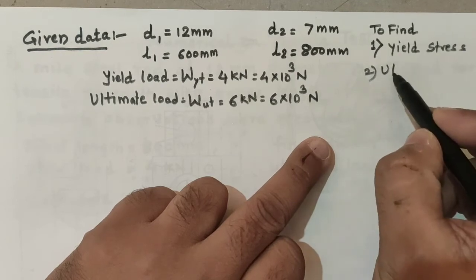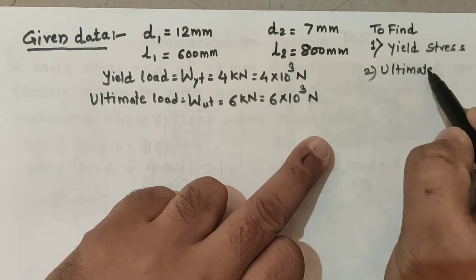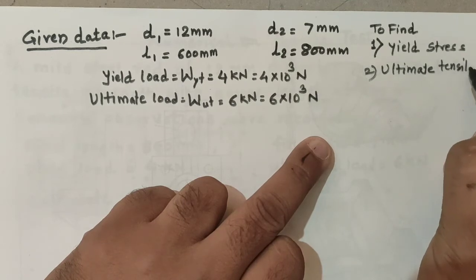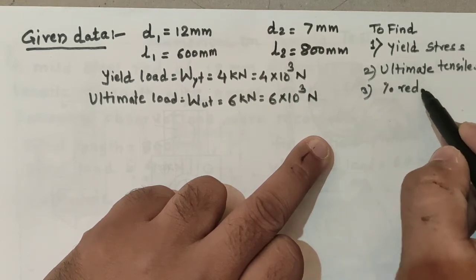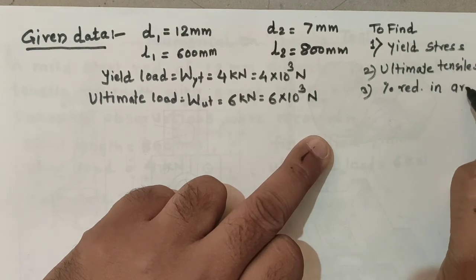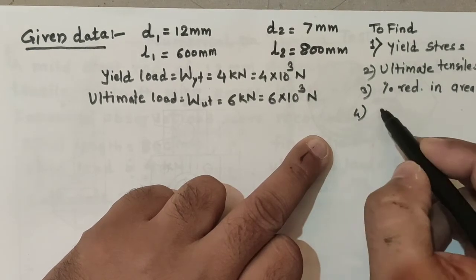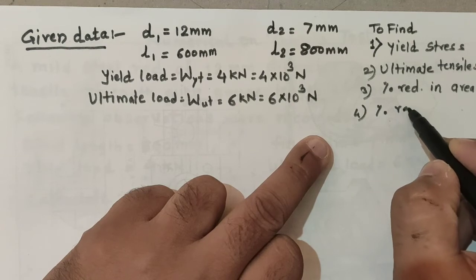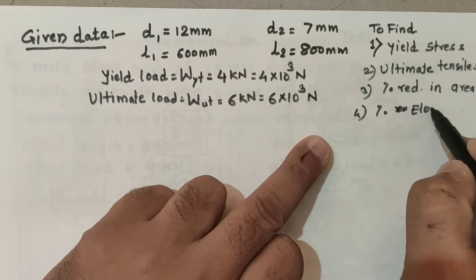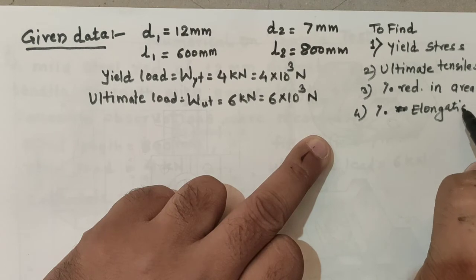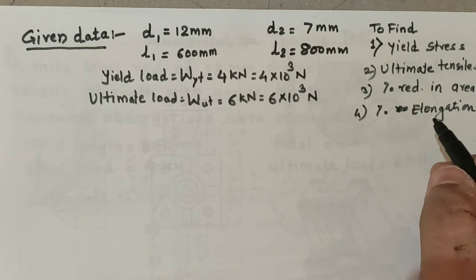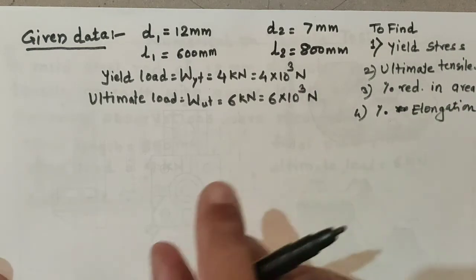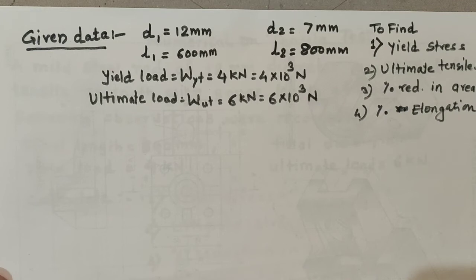Second one is ultimate tensile stress. Then third one is percentage reduction in area, and fourth one is percentage elongation. So first of all we will calculate the original area and final area of the specimen.